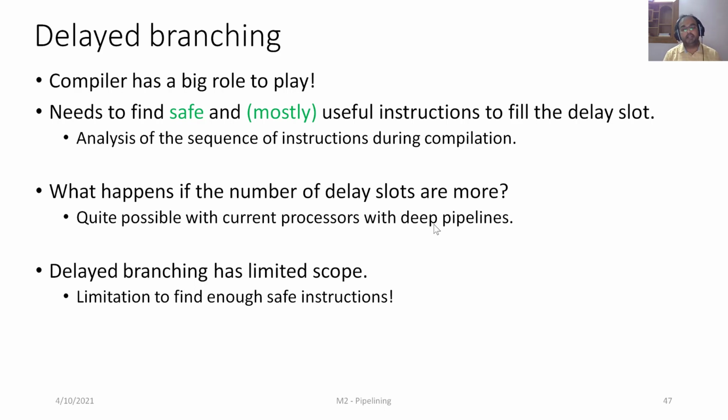In hardware we expect that the compiler has done its job and placed a safe instruction. We continue executing that, and then the very next instruction after that will be a fall through instruction, meaning the sequential instruction, or the target instruction from the taken path. So that is the understanding between the compiler and the hardware.